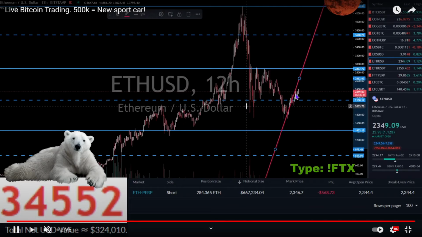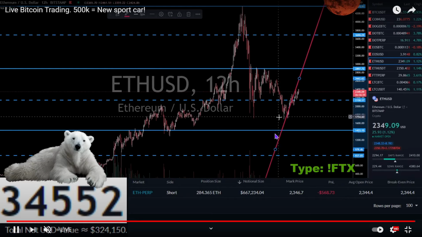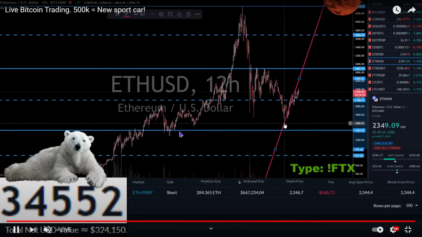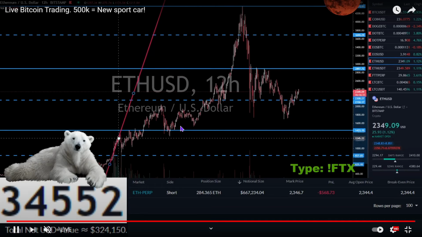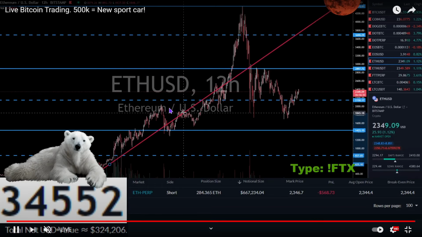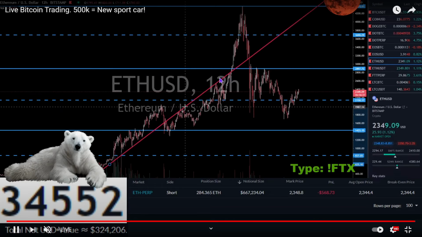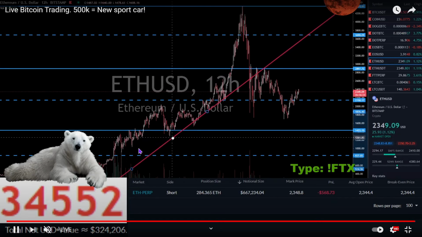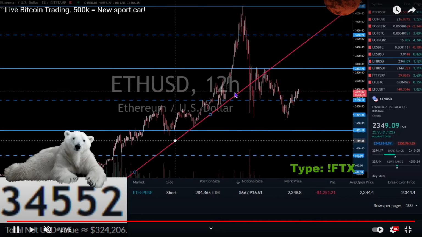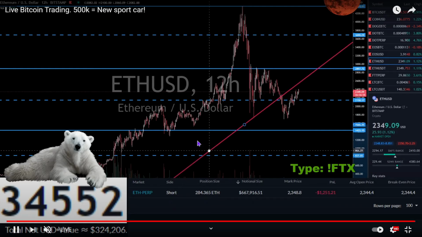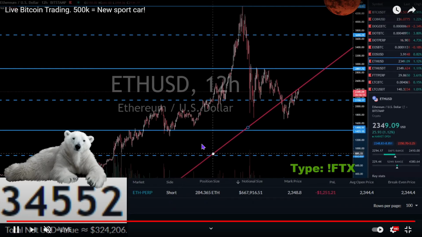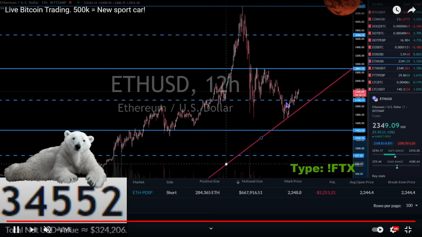The thing about trend lines that most people do not understand is they represent speed of climb. As long as the price is above this particular line, it just means the price is moving above this rate of growth.